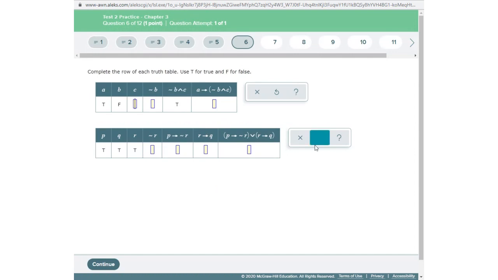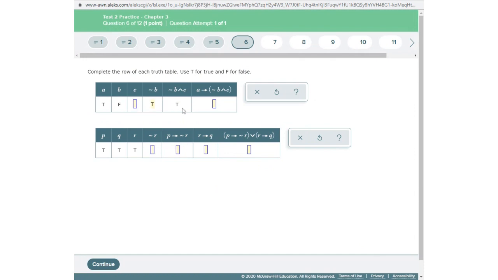So here's another couple like that. All right, so they give us A and B. So not B is just the opposite of B, so this one is true. Now, they're telling us that not B and C is true.